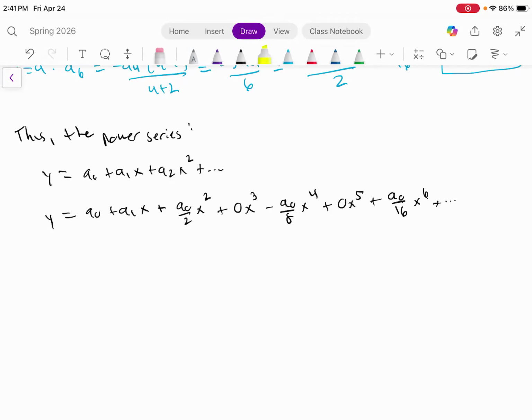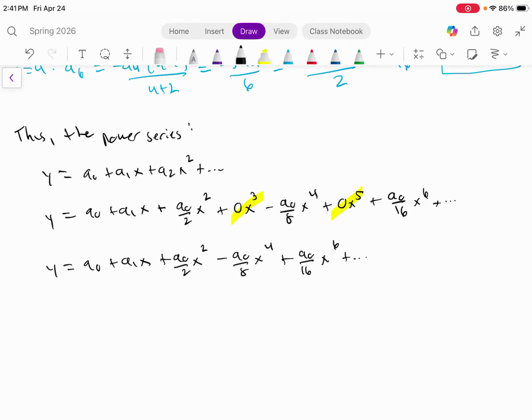So if we clean up all the zeros, what we're left with is a naught plus a1x plus a naught over 2 x squared minus a naught over 8 x to the fourth plus a naught over 16 x to the sixth dot dot dot.